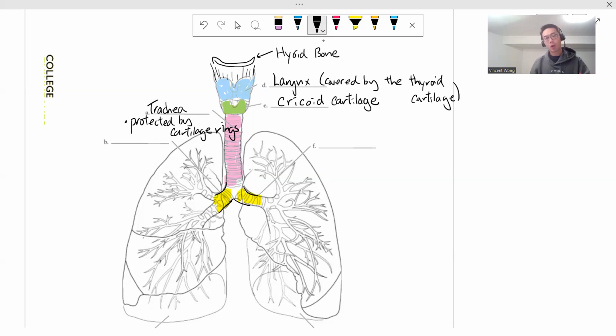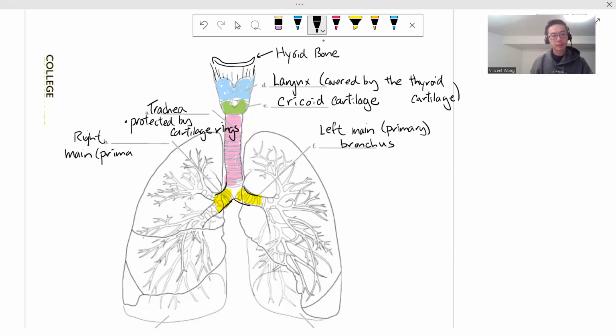On the left side here, we have the left main bronchus. Sometimes called primary bronchus. And on the other side, we have the right main, and again, you can call it primary bronchus.